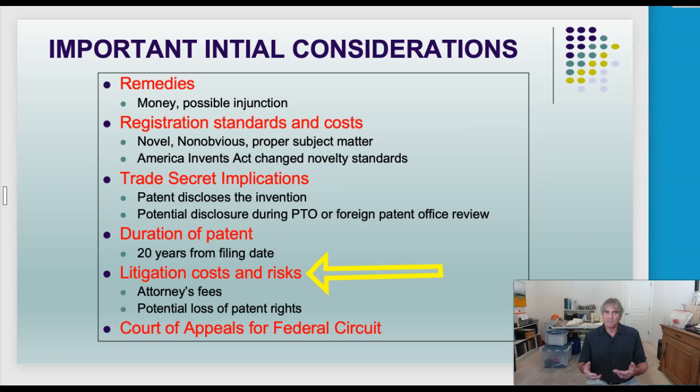Also, litigation brings its own risks because a judge may determine that the PTO was wrong in the first place to grant you the patent because the examiner made a mistake when concluding that the invention was novel and not obvious. So now you have spent all this money, and in the end, you lose your patent, which means your secrets are out there and there's nothing you can do about it.